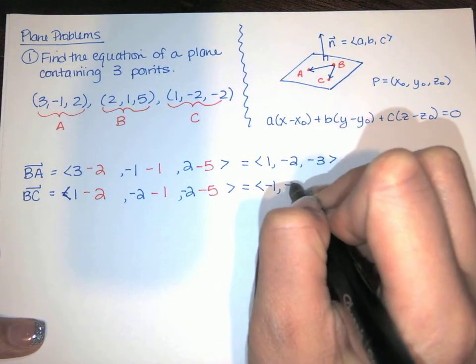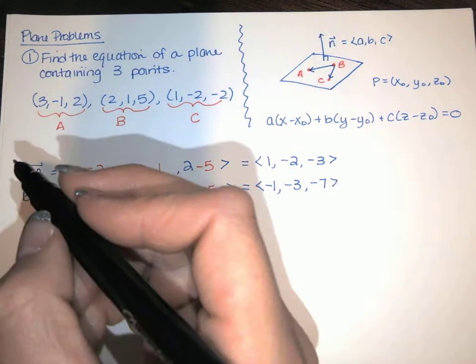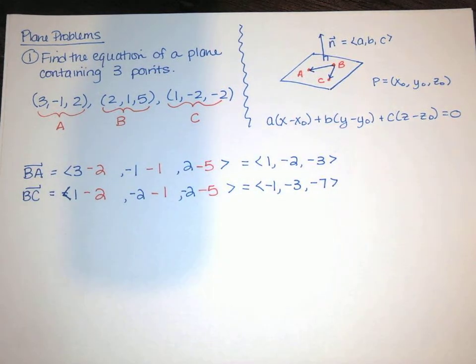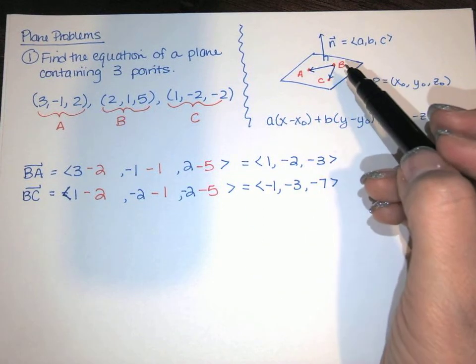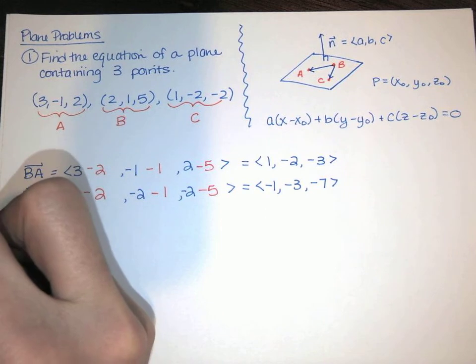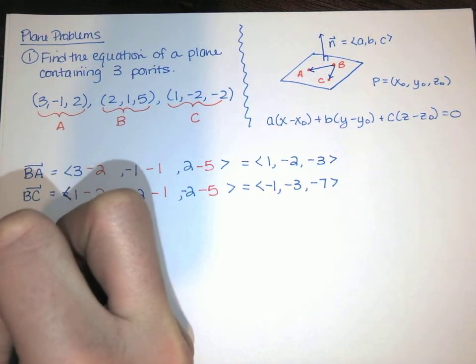We get -1, -3, -7. Okay, so the cross product of these two vectors is orthogonal to both of them. That means it meets that plane that contains both of these vectors at a 90-degree angle. So we're just going to use the determinant form.